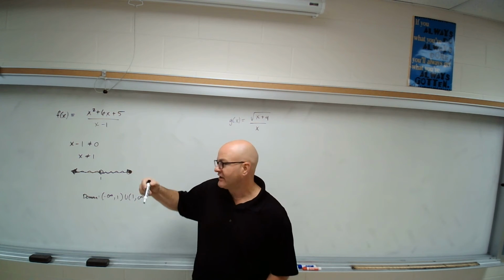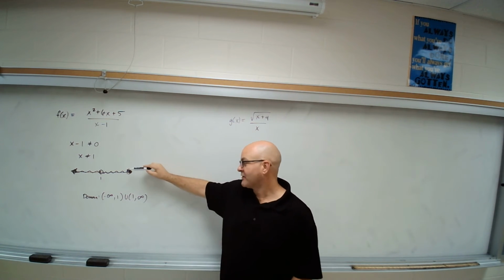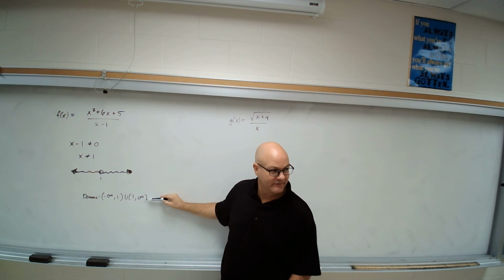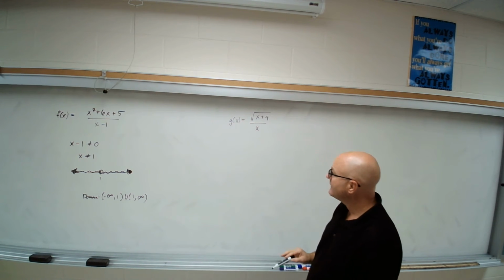Just make the connection here. X cannot equal 1 is an inequality, and that's the easiest way to write our domain. If you're asked to write in interval notation, it will look like this. It's not as easy as you'd like to write it that way, but we can do that. Okay, so that's that one.